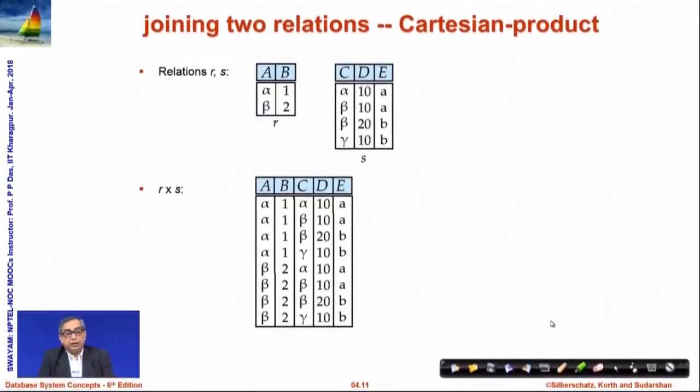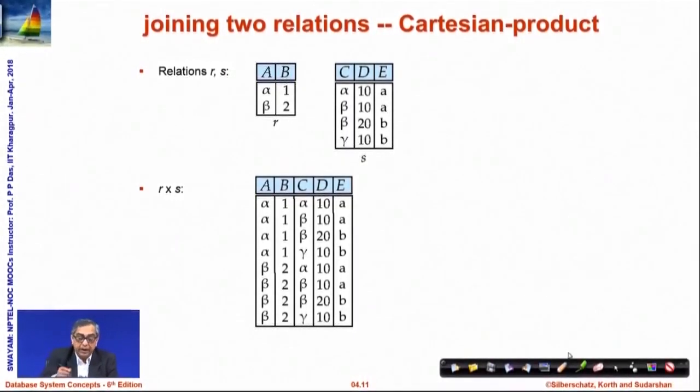Next comes how we can join two different relations which have different sets of attributes. So, relation R has A B and relation S has C D E. We can take a Cartesian product. Taking a Cartesian product is making all possible combinations.